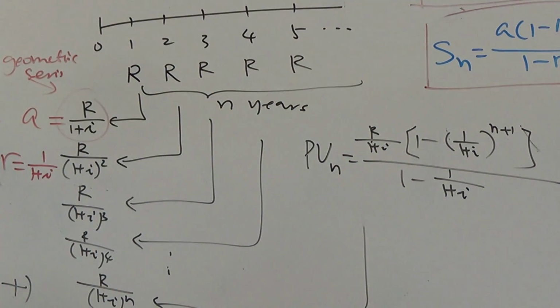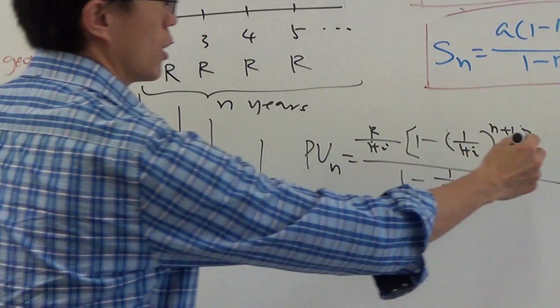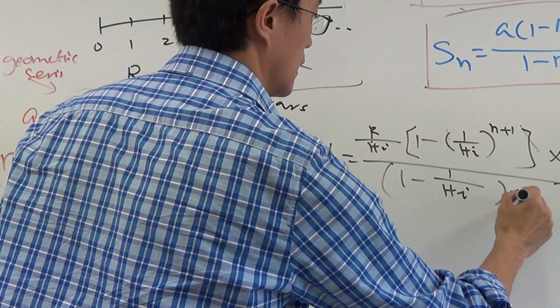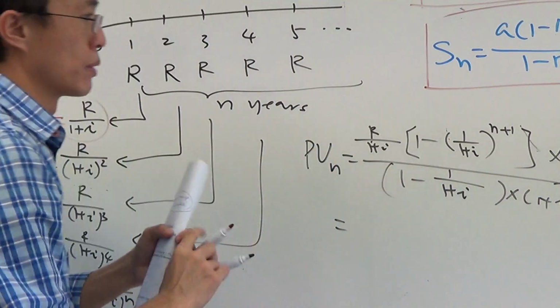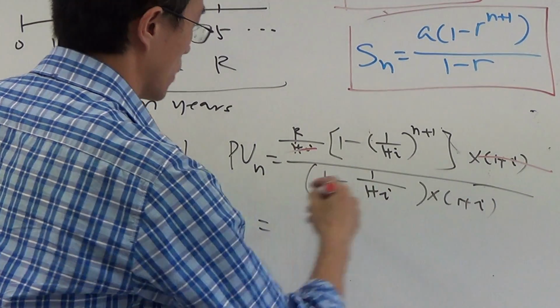Okay, now let's simplify this formula. Multiply both top and bottom by 1 plus I. So this 1 plus I cancels out with this one, and this one multiplies inside.